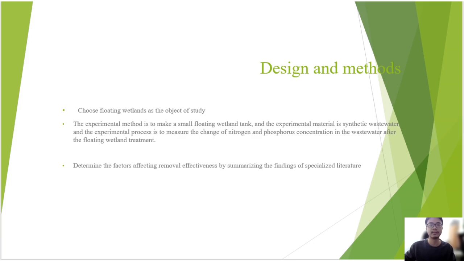The experimental process is to measure the change of nitrogen and phosphorus concentration in the wastewater after the floating wetland treatment, and then determine the factors affecting removal effectiveness by summarizing the findings of academic literature.